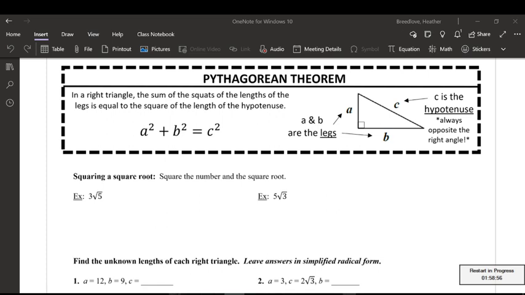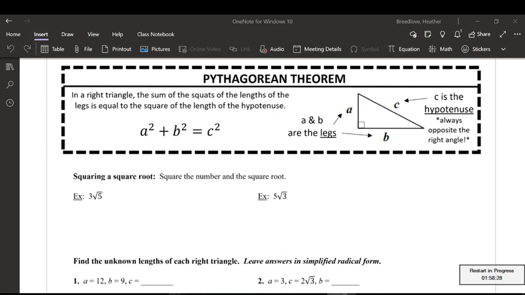The sum of the squares of the lengths of the legs is equal to the square of the length of the hypotenuse.